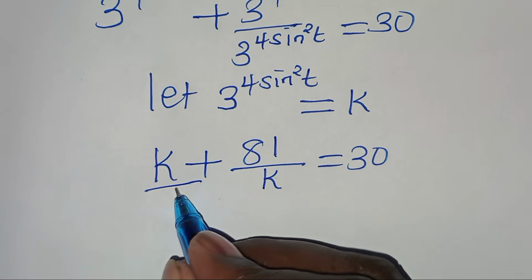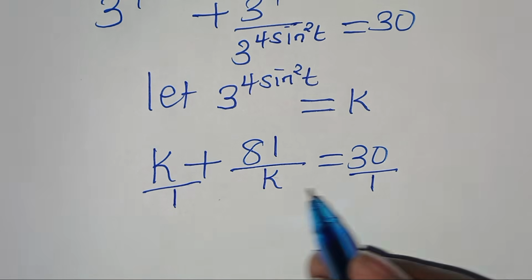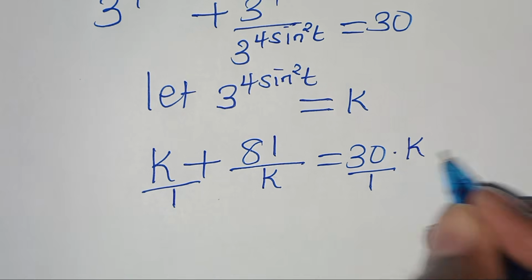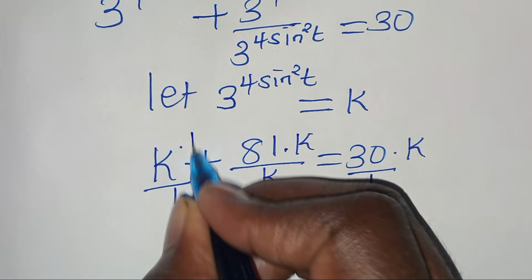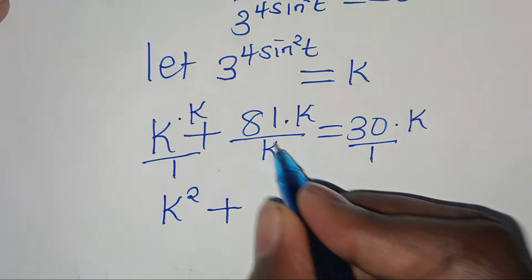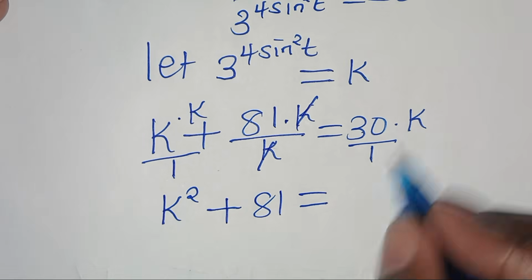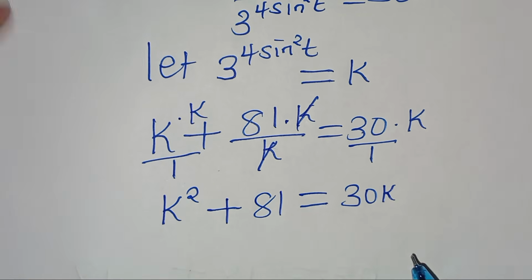Now k is our whole number, this is over 1. Let's multiply everything by the LCM, which is k, so that we have k squared plus 81, equal to 30k.